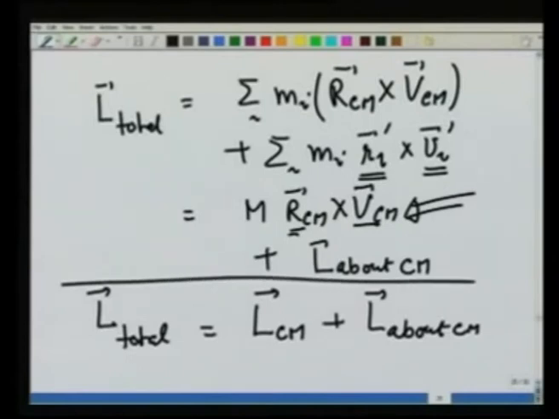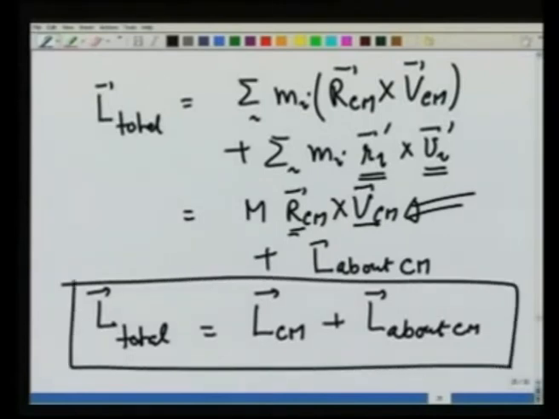This is a general result, irrespective of whether a body is rigid or not. You see we have not used the rigid body condition anywhere. The total angular momentum of the body is going to be a sum of the angular momentum of its center of mass plus angular momentum about the center of mass, equals L CM plus L about CM.